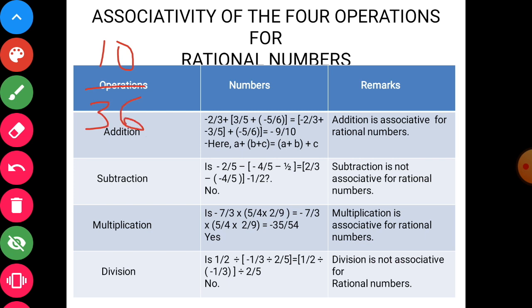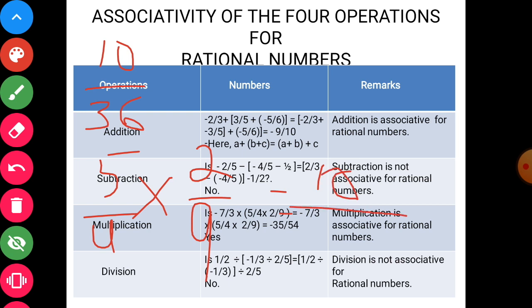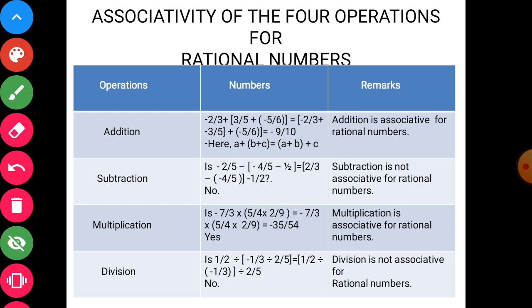Now let us check for RHS. Minus 5 by 4 into 2 by 9 is equal to 10 divided by how much? Here 9 fours are 36. In both cases we get the same. LHS is equal to RHS only we get.